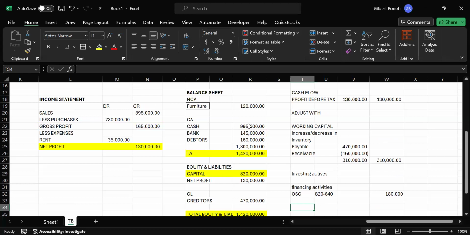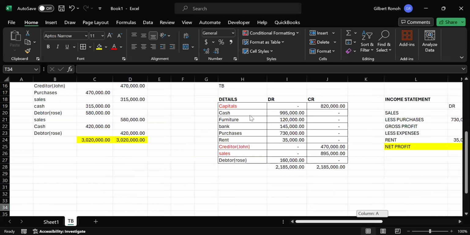Dividend. Is there a dividend? We have not seen any information relating to dividend here. So there is no dividend. And there is no proposed tax. There is no proposed tax.